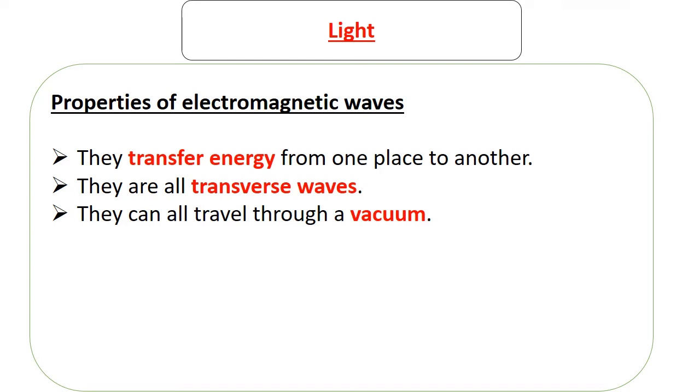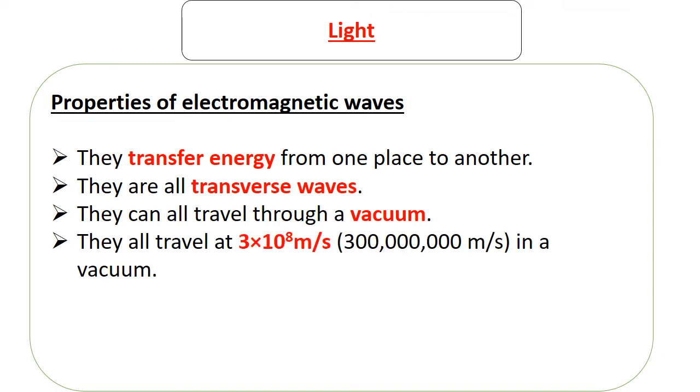They can all travel through a vacuum. A vacuum is a space without any matter. Remember when we were studying thermophysics, we talked about the movement of heat through a vacuum as radiation. So electromagnetic waves can radiate.